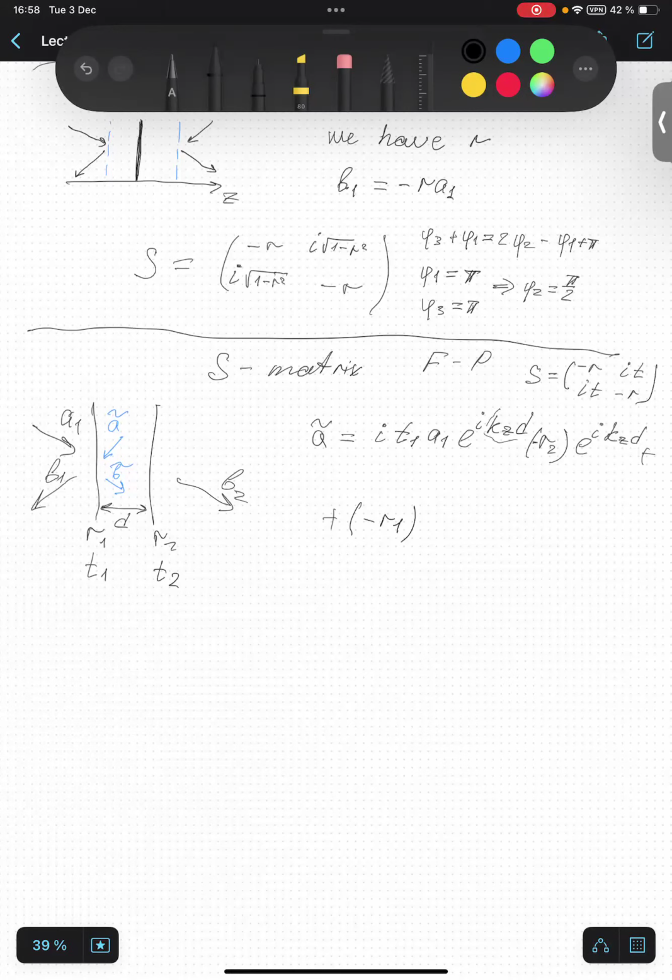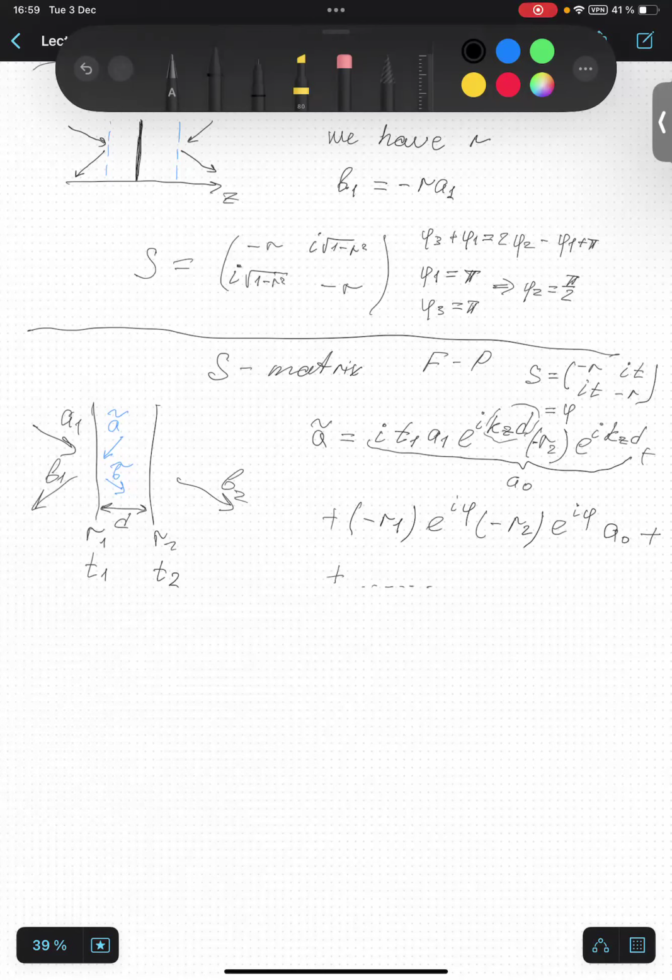For simplicity, I will call this phi, e to the i phi, minus R2 again, e to the i phi, and also I will call this part A0, and here A0, and then again plus and so on.